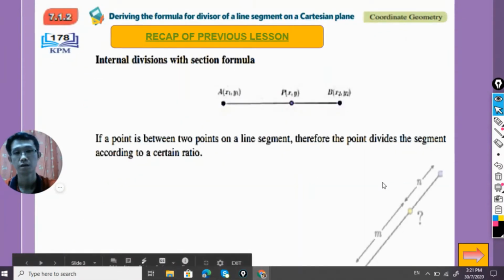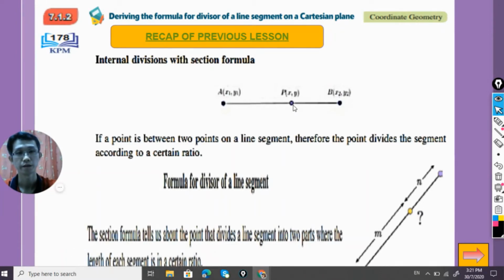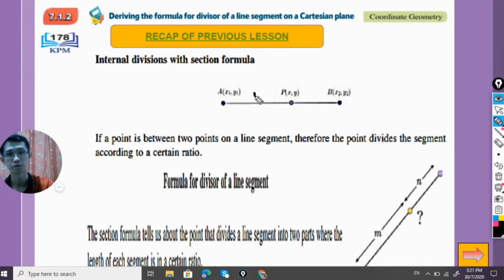So this is a line segment with the internal point P and two endpoints A, B. This point divides the line segment into two parts according to a certain ratio, for example in the ratio of m to n.